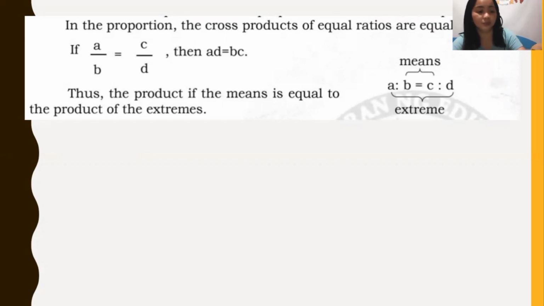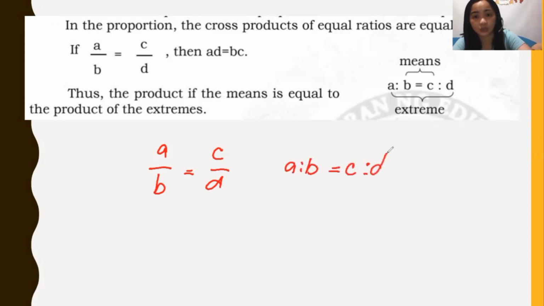So now, let's first clear what are the parts of the ratio. Now we have here A is to B equals C is to D. This is in the fractional form, while if we use the column form, we have A is to B equals C is to D. Let's first identify the parts of the proportion.